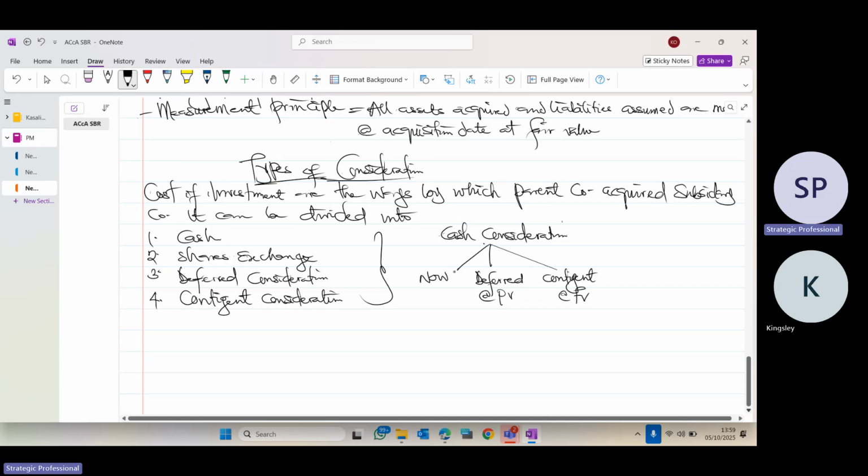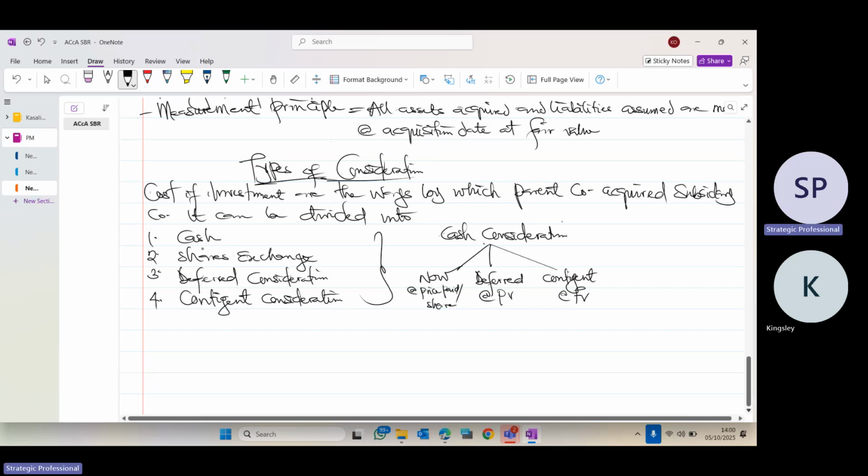Now, which is the cash we are paying promptly on account? Let's say it's at price paid, or we use the share to calculate the price that is paid.